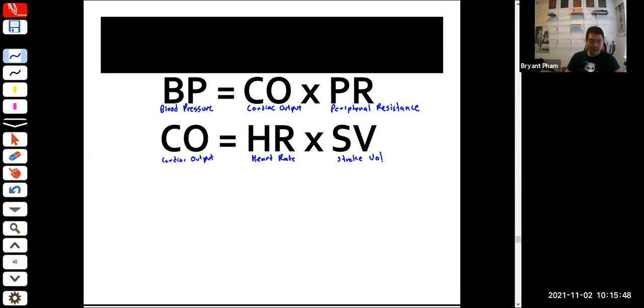So if I haven't completely terrified you of math, you can use a little algebra here. You can rearrange this into one equation. Okay.